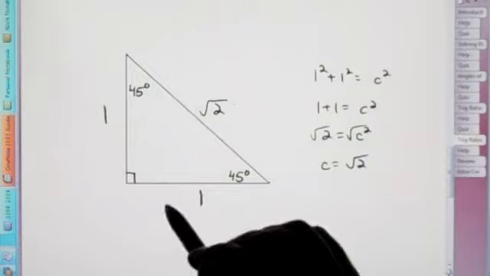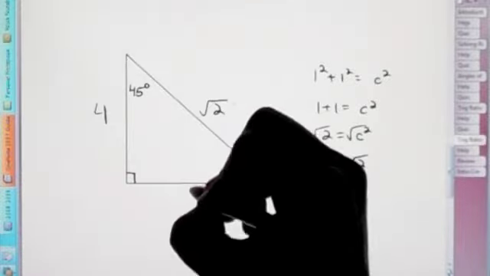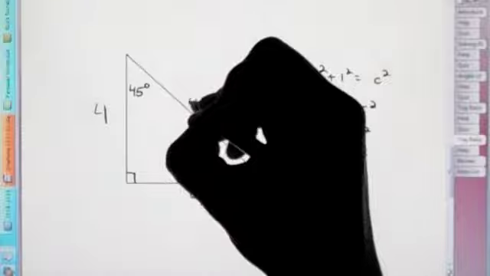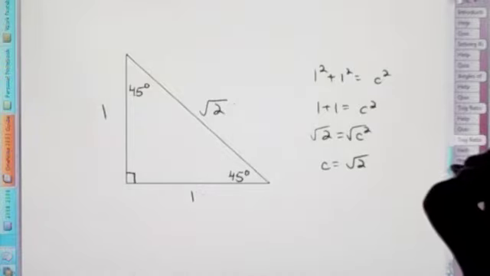So 1 and 1, our hypotenuse would be root 2. Again, it's a ratio. If this were a 4, that would make this a 4, making that 4 root 2. But in this case, let's keep it basic: 1, 1, root 2, because this is what you're going to use on the problems that are going to be assigned.